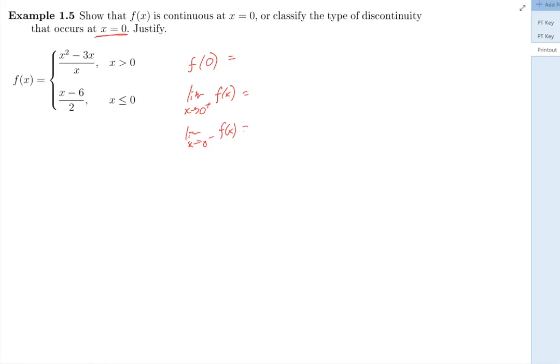All right. So f of 0, we're going to plug into this category because this is where x equals 0 exactly. So 0 minus 6 over 2 is negative 3.